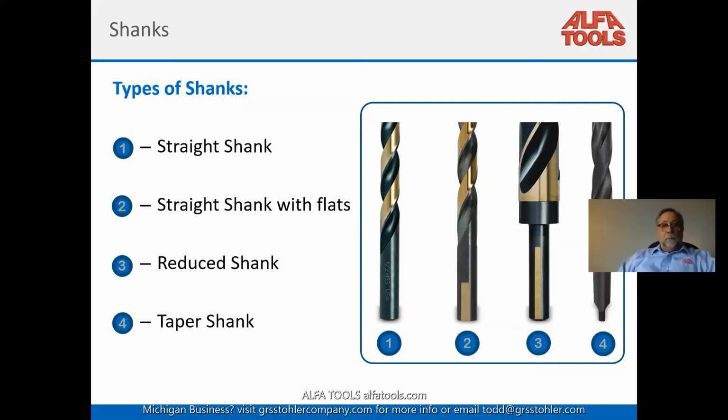Now, some European brands and Alfa specifically, we do go larger than 1/2 inch, but most of the chucks on our Milwaukees and DeWalt's are 1/2 inch capacity. So what do you do when you need to drill a 5/8 hole or a 3/4 hole or an 1/16 hole? And all you have is your portable.